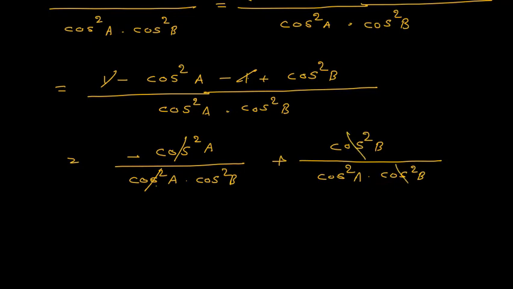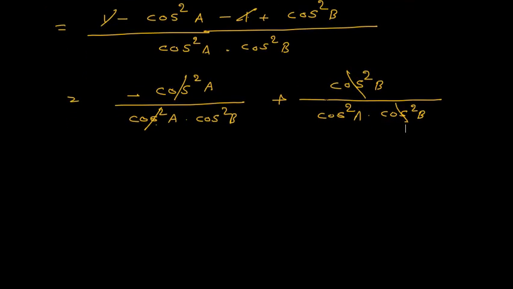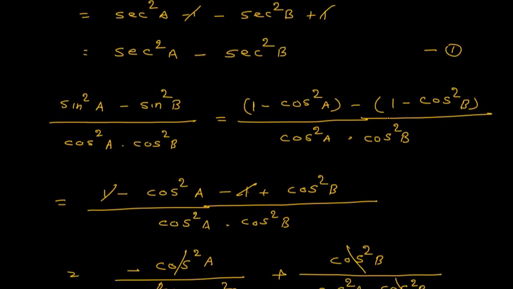So what finally we get? Here we get 1 upon cos square A, which is sec square A, minus 1 upon cos square B, which is sec square B. So this is sec square A minus sec square B.